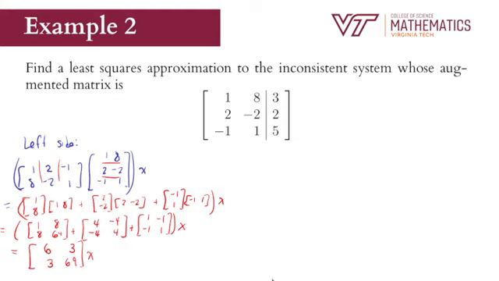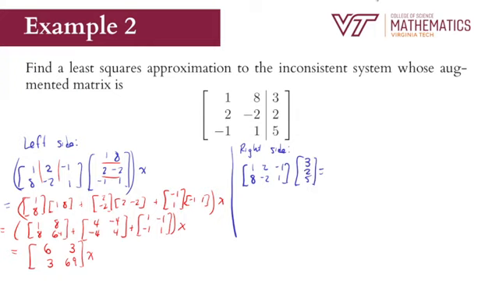All right. So now let's look at the right side. On the right side, we also multiply by A transpose. That's 1, 2, negative 1, 8, negative 2, positive 1. But the right side is just a column 3, 2, 5.